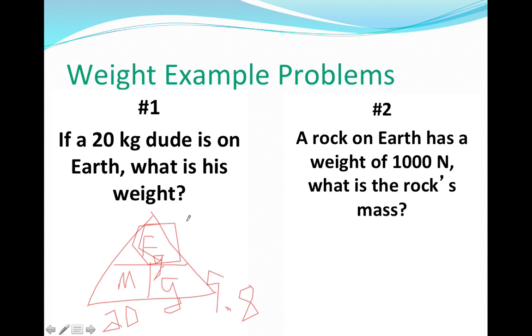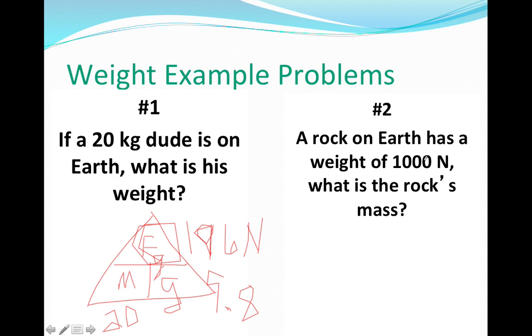So my weight would be 196. Because it is a force, it is measured in newtons, and that is the unit. There we go, 196.